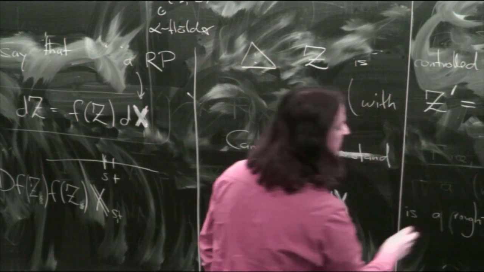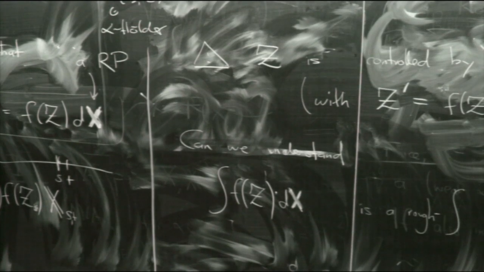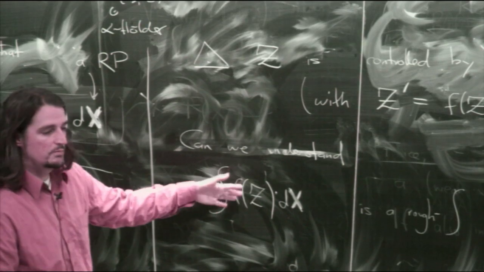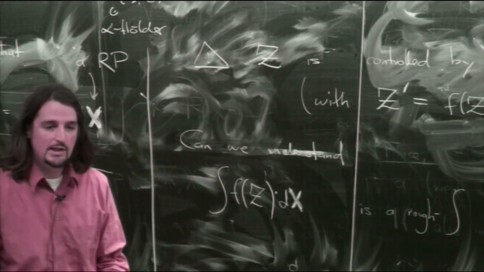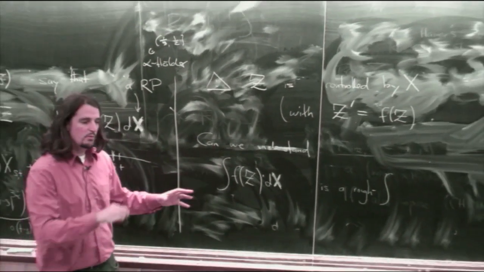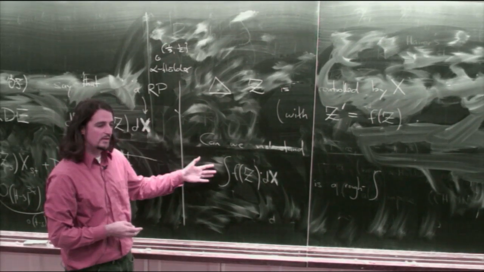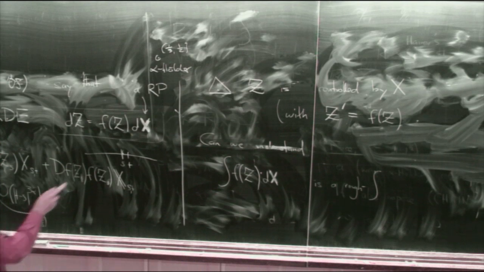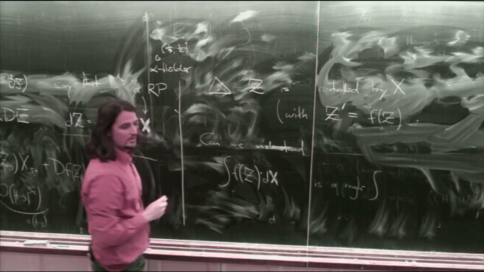And now you see why Gubinelli's view is very nice, because if we had stopped the rough integration theory at the level of integrating one-forms, so y equals a function of X, then this would be troubling. And in fact, if you read Lyons' original work, he had to come up with a rather cumbersome construction to make sense of this. Right? But here it's very easy, because you already know that Z is controlled by X.